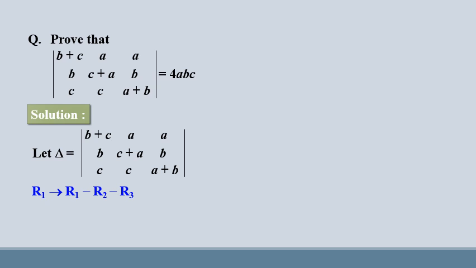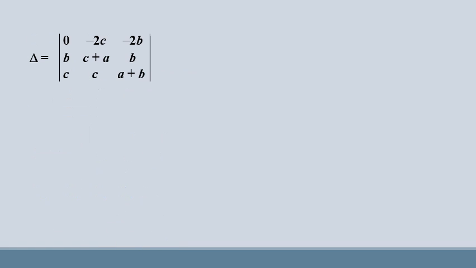We will apply the property R1 implies R1 minus R2 minus R3. On simplifying, we get 0, minus 2c, minus 2b, then b, c+a, b, and c, a, a+b. Next, we will expand it along R1.